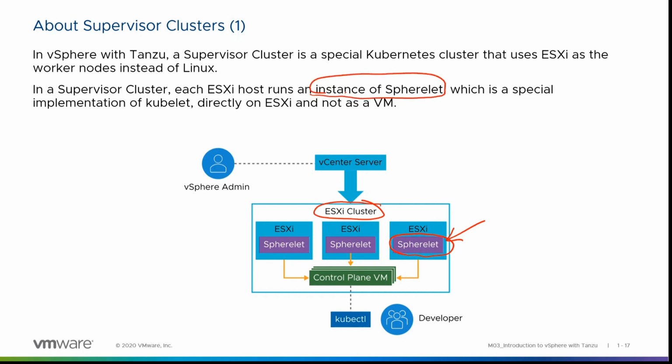What is Spherelet? It is our implementation of kubelet, and it runs directly on this ESX host, like a VIB, a VMware installation bundle. So it's actually running on the ESX host. What that gives us the ability to do is to directly run pods on this ESX host.